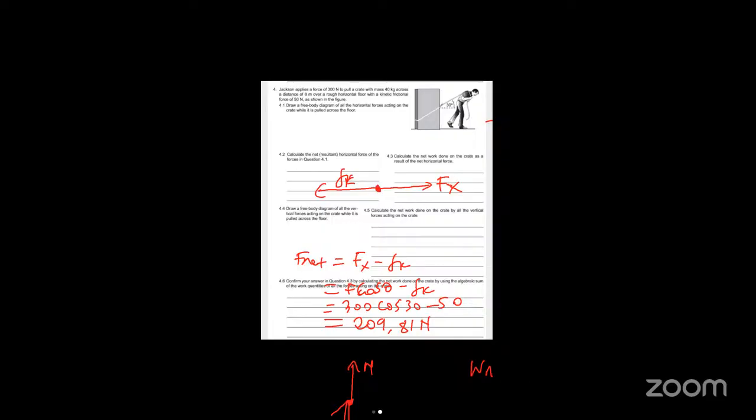Okay, you are going to do activity number 1, guys. I know we haven't touched the work energy theorem, but I want you to try. Activity number 1 in this booklet here.